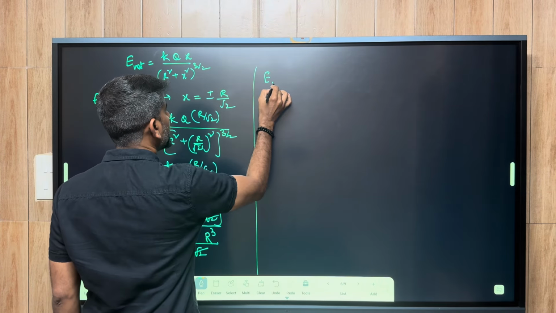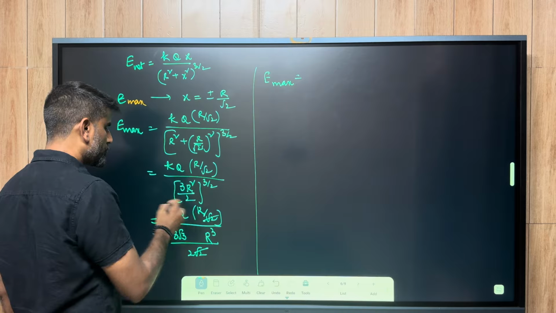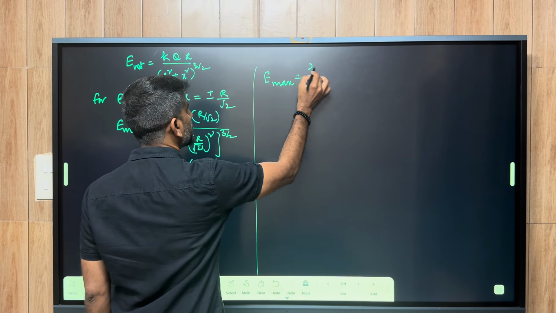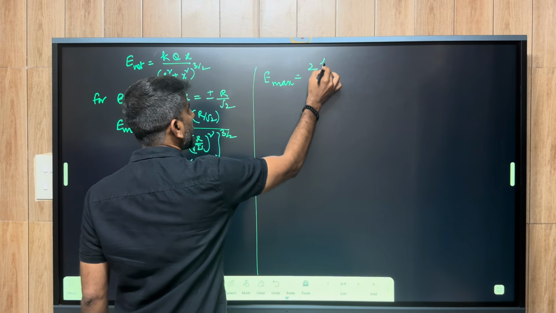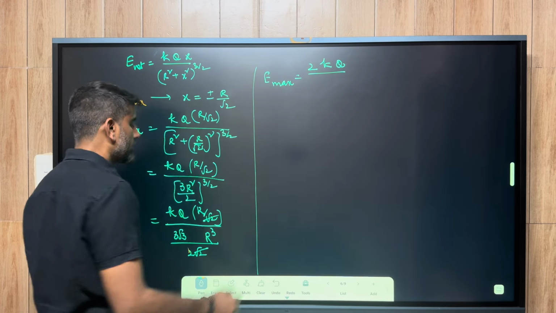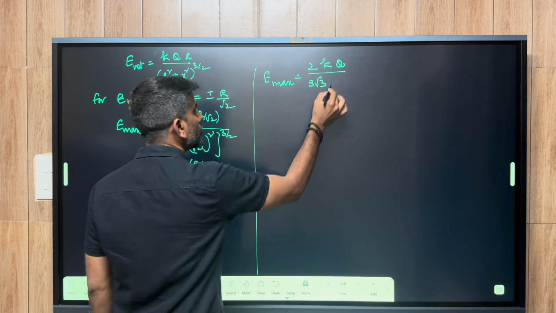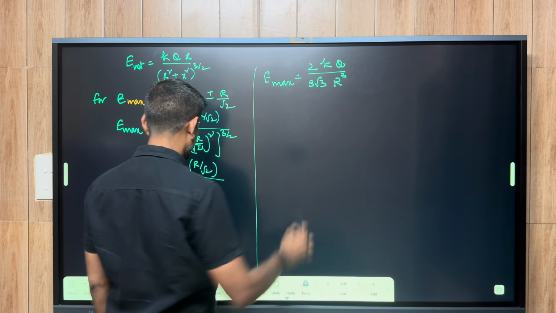E max is equal to, this 2 goes to the numerator, 2kq by 3 root 3 into r cube.